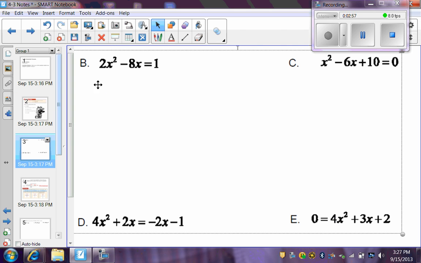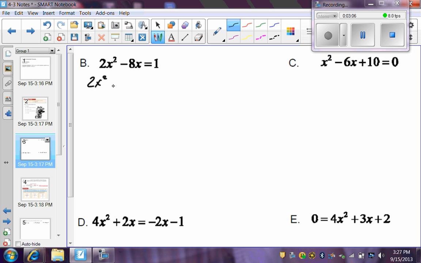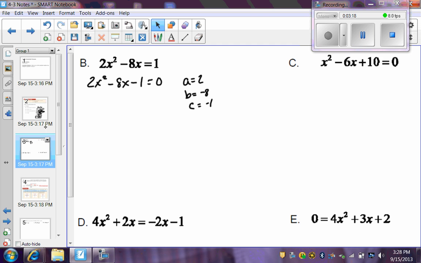Let's try another. So first step is to get it in standard form. So we're going to move the 1 over, so that's going to give us 2x squared minus 8x minus 1 equals 0. Our a would be 2, our b is negative 8, and our c is negative 1.